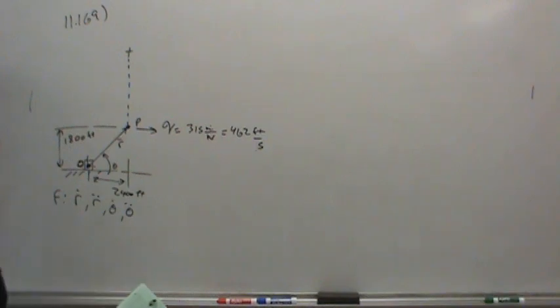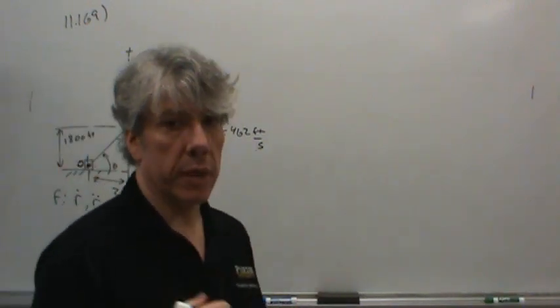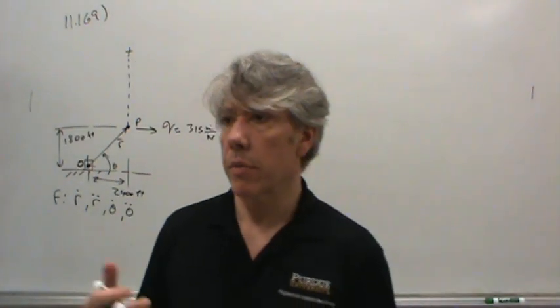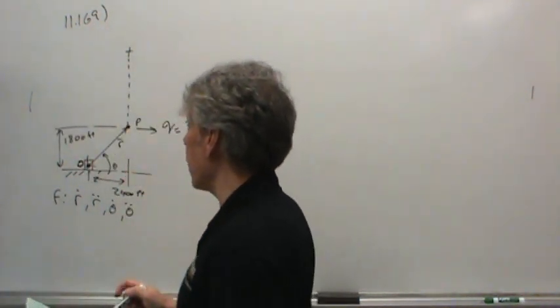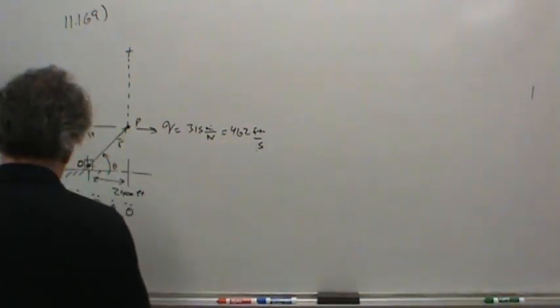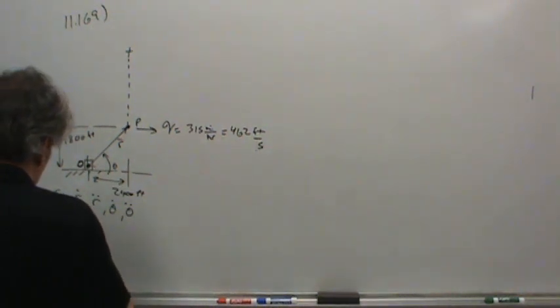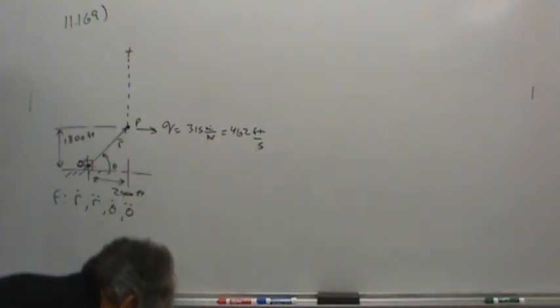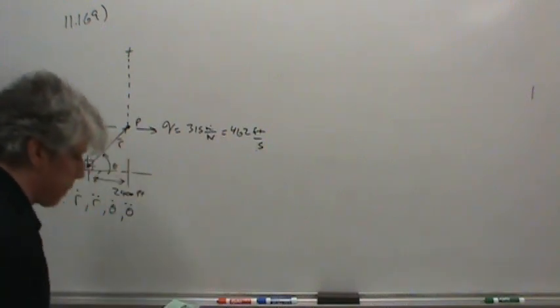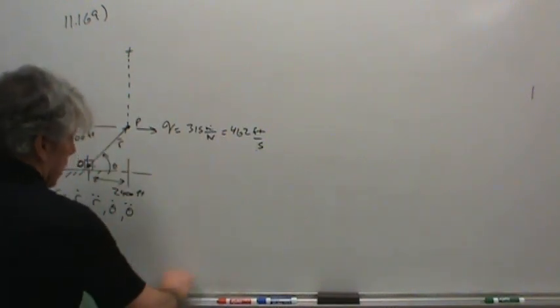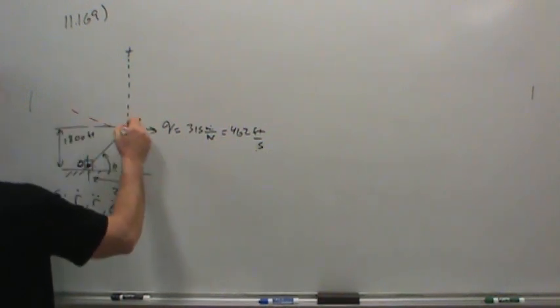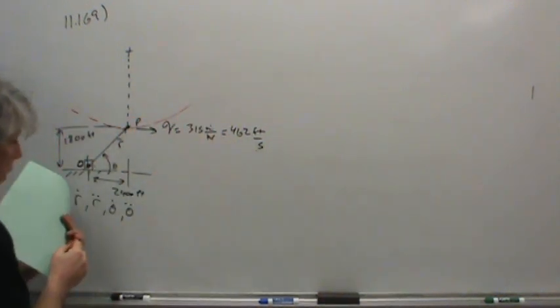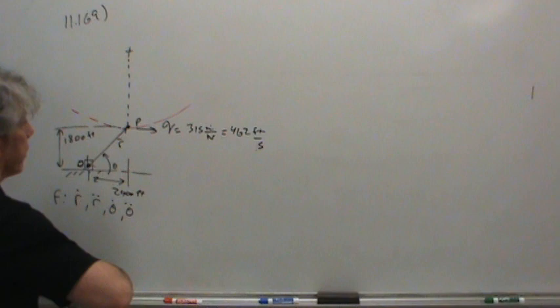Now, the reason I like this problem is that it combines normal and tangential components with radial transverse components, because if you think about it, we already know quite a lot about the plane's motion. We know that this plane is moving on a circle, isn't it? They told us the radius of the circle. They also told us the acceleration of the plane.